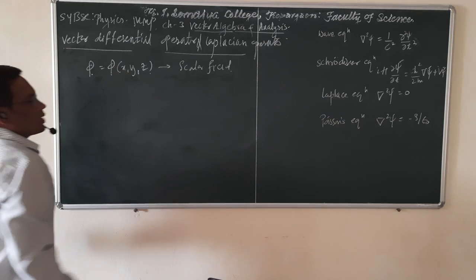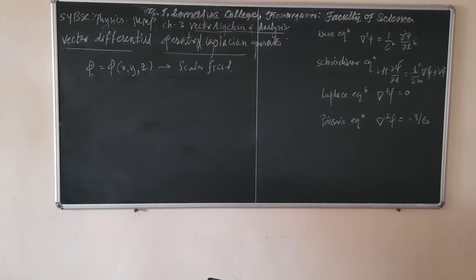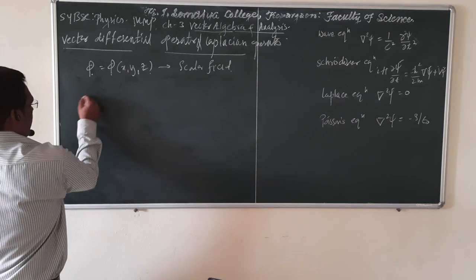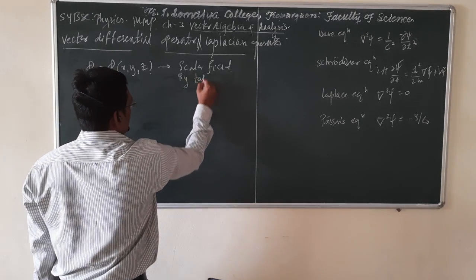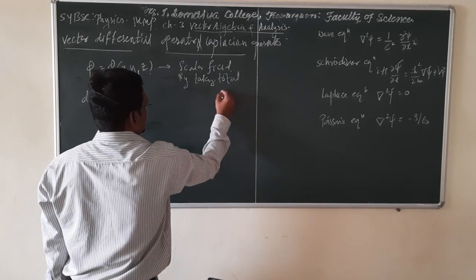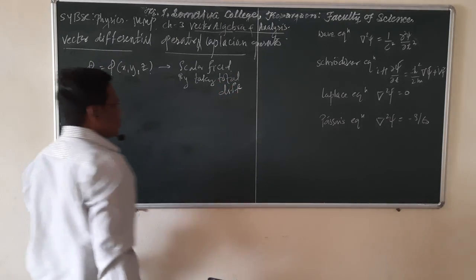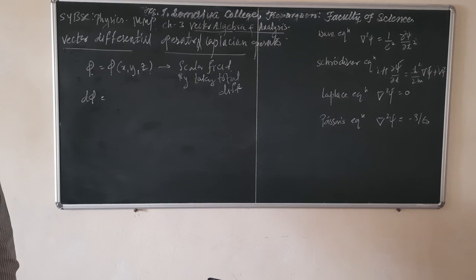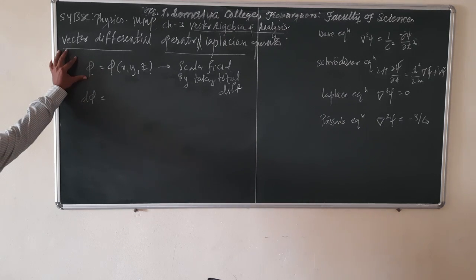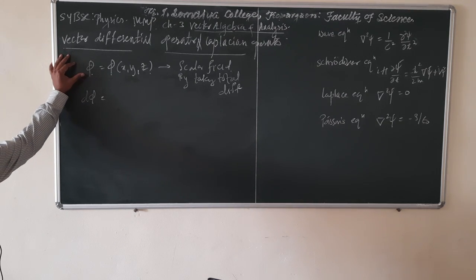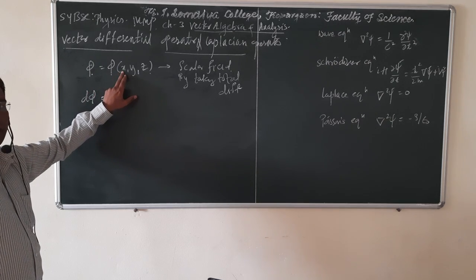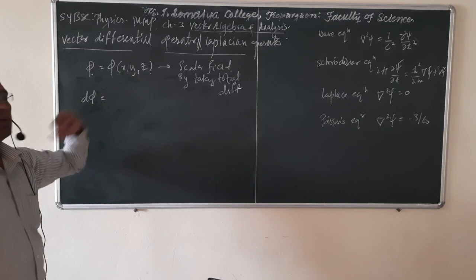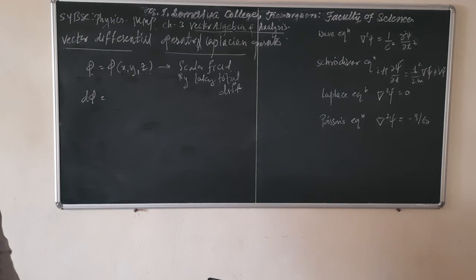Now if you take the total differentiation of phi, defined as d phi, by the definition of total differentiation all three variables increase by an infinitesimal amount, which means x becomes x plus delta x, y becomes y plus delta y, and z becomes z plus delta z.